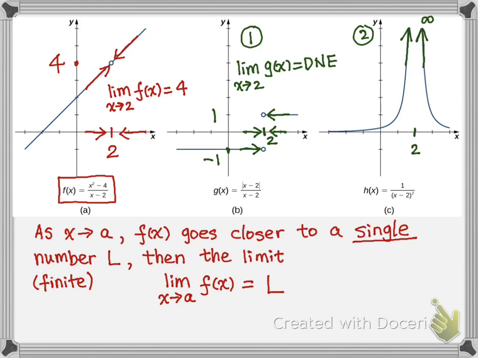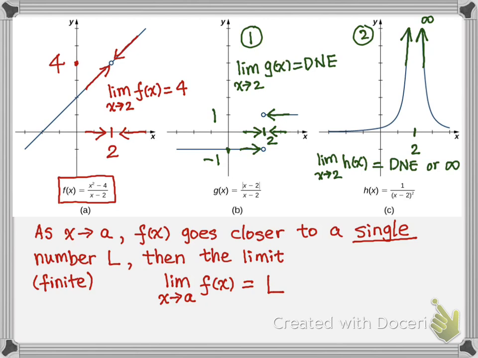So in this case, you will say the limit as x approaches the number 2, h of x, does not exist. Or to be precise, you can say infinity. But it still doesn't approach a single finite number.